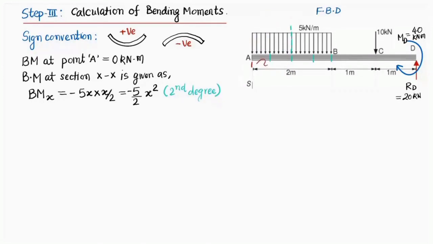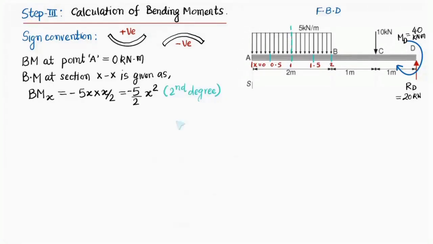So let's do that. We start from here: x is going to be 0, here x is going to be 0.5, here I can take x equal to 1, 1.5 and then 2. So we got 1, 2, 3, 4, 5 points. It will be easy for us to get the proper variation of the curve because the curve is a second degree curve.